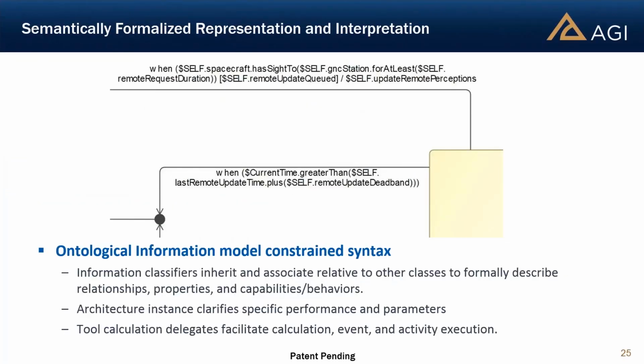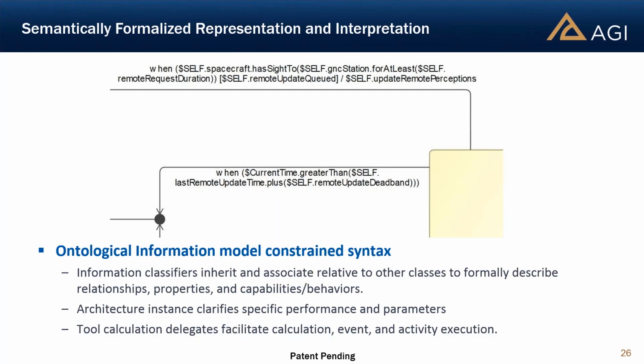Okay, so let me back out of this and show you how I use some of that ontology as I'm describing a behavior. This is a small snippet from a state machine on a single-threaded GNC design. You'll now notice that what's on the transitions is still human readable, but it's now machine interpretable and executable for simulation.